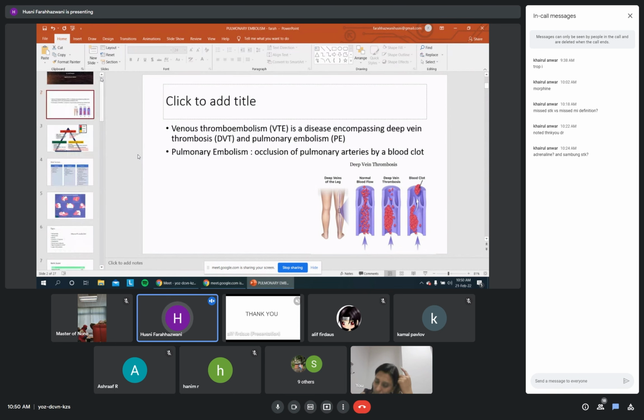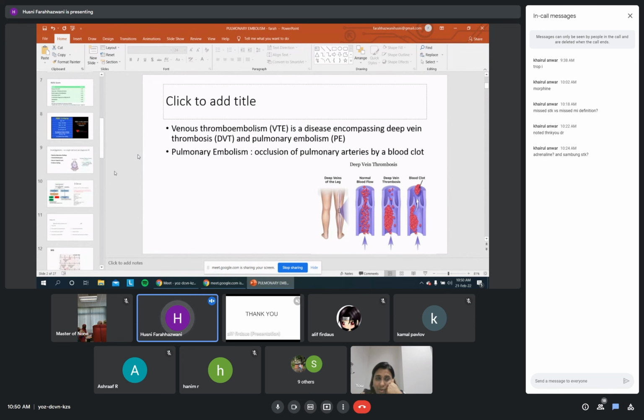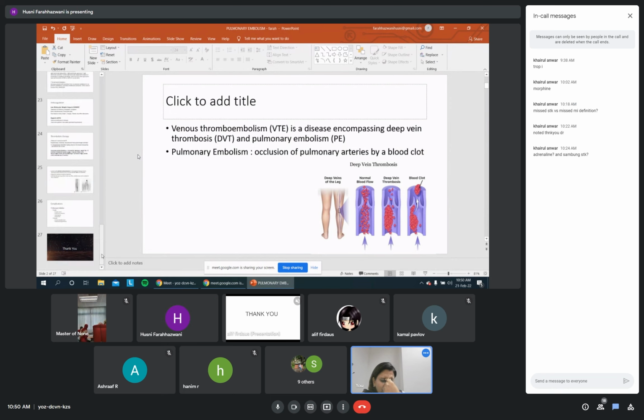D-dimer can help a bit in the investigation. It can facilitate, but it's not a definitive investigation. So there's no need to take D-dimer for all patients that you suspect PE.